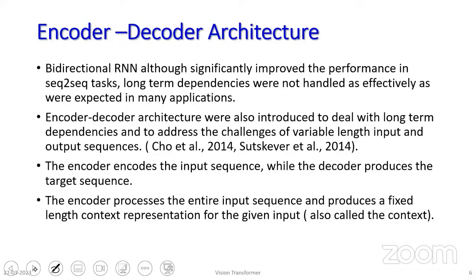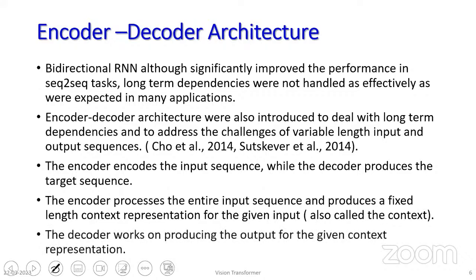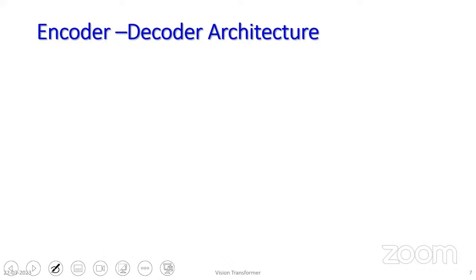The people who introduced the encoder-decoder architecture for natural language processing, especially for machine translation, call it context. So context of the entire sentence. The decoder then works on producing the output for a given context representation, or the representation of the input.